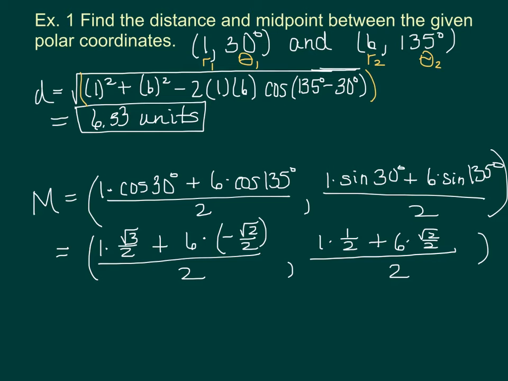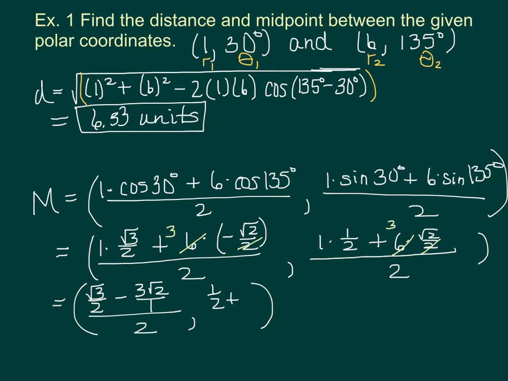So simplifying, 2 goes in the 6 3 times. Same thing over here. So we have radical 3 over 2 minus 3 radical 2 over 1 divided by 2. And then over here we have 1/2 of 1, which is 1/2, plus 3 radical 2 all over 2.